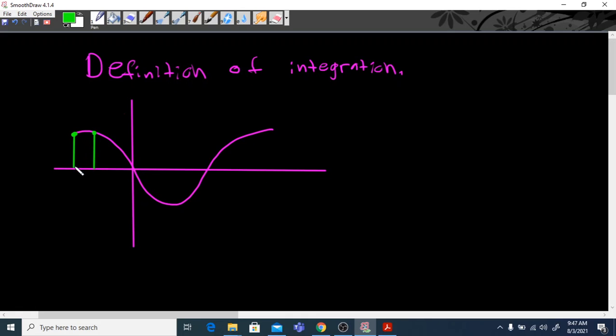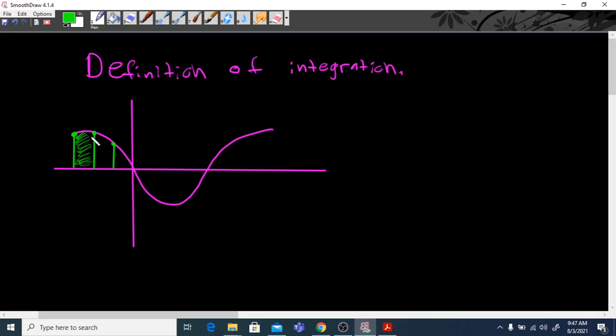If I multiply this width by one of these heights, I get the area of one rectangle. If I start the rectangle off to the left, since this function is decreasing, this rectangle will be an overestimate. On the other hand, if I start the rectangle off to the right, the function is decreasing, so the right rectangle is an underestimate.